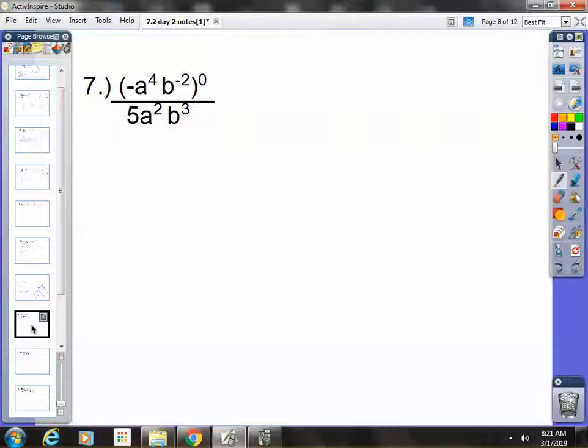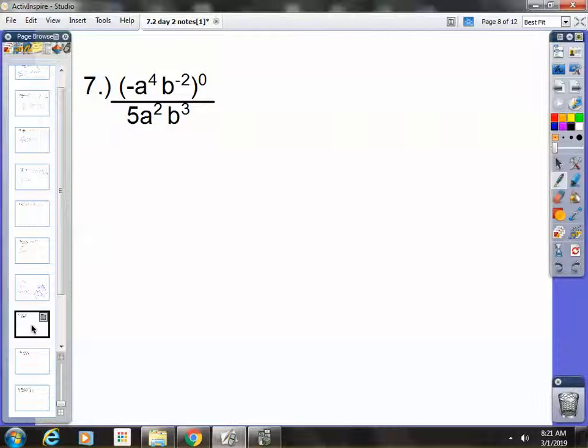Look at this one with me. Go ahead and copy this one down. So in the numerator, we have negative a to the 4th, b to the negative 2, all raised to the 0 power, divided by 5a squared b cubed. Is everything in this problem to the 0 power? Just the top, just the numerator.